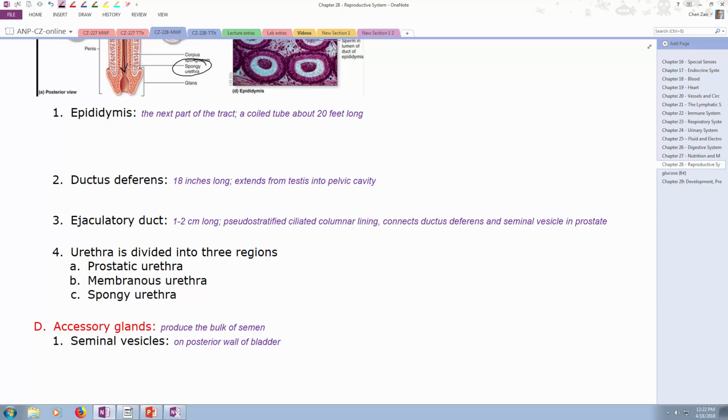The epididymis is the next part of the duct or tract, and it is interesting. In that little epididymis, we have 20 feet worth of coiled tube. So that's a lot of teeny tiny tube, right? That's a lot of teeny tiny tube that's actually coiled up, and it lies along the posterior side of the testes. And again, has head, body, and tail.